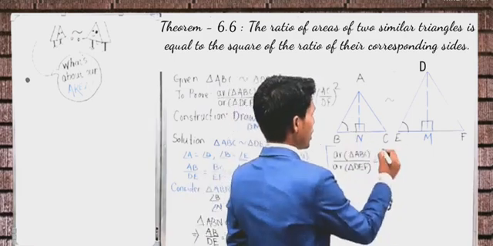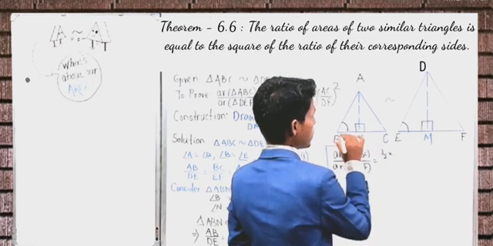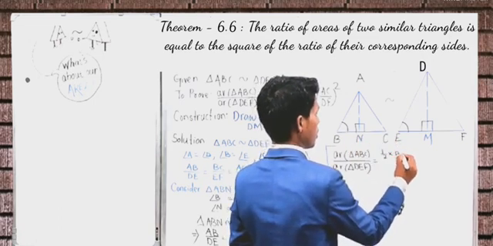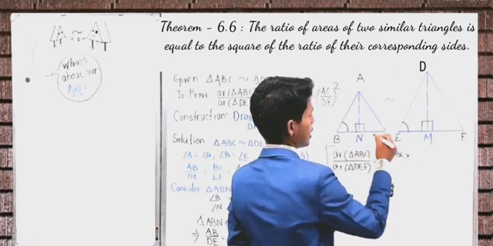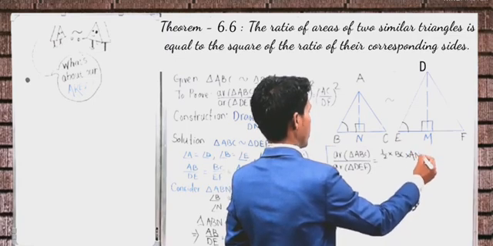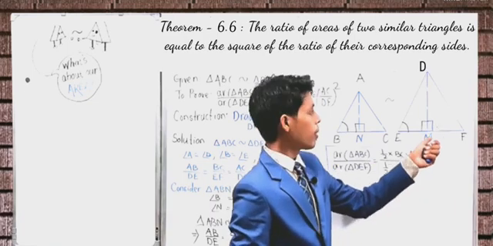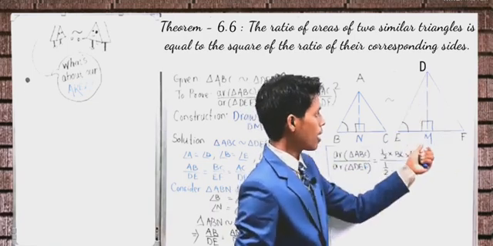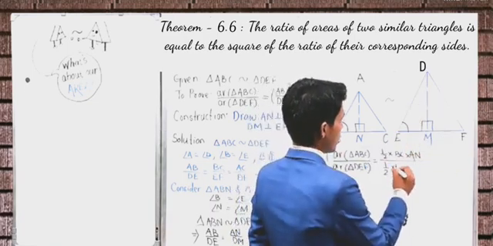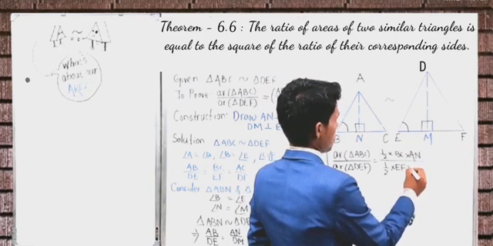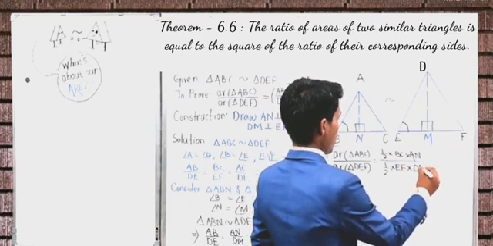So in triangle ABC, base is BC and height is AN. And similarly in triangle DEF, base is EF and height is DM.